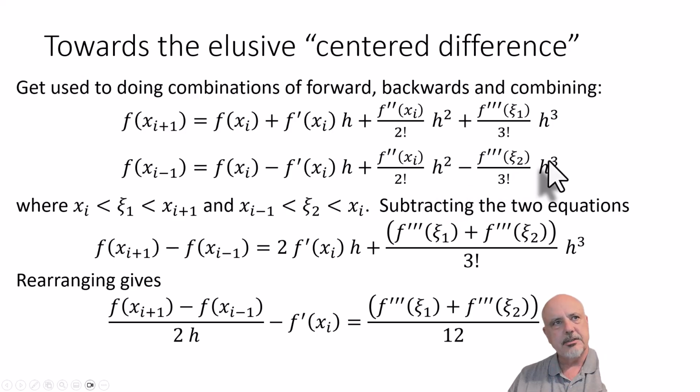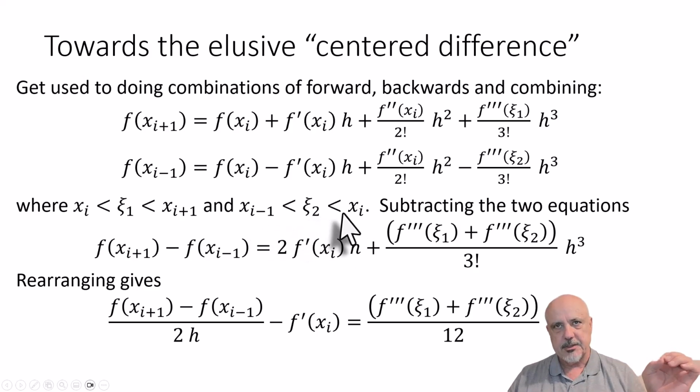So everything is consistent. I'm just growing it to the right with my c's. My c1 for the first one is going to be between my reference position and the next one, and my c2 is going to be between the reference position and the previous one, because that's a backward step.